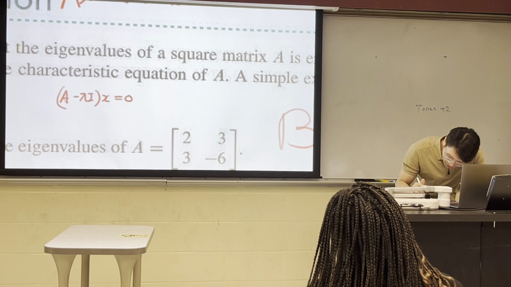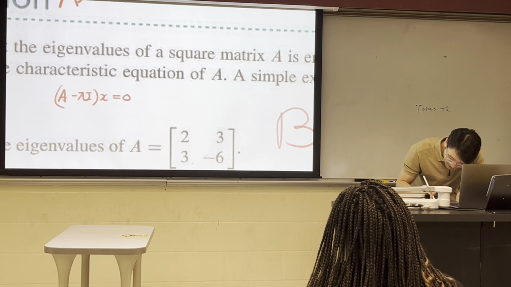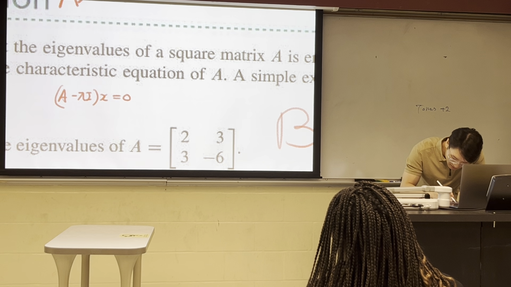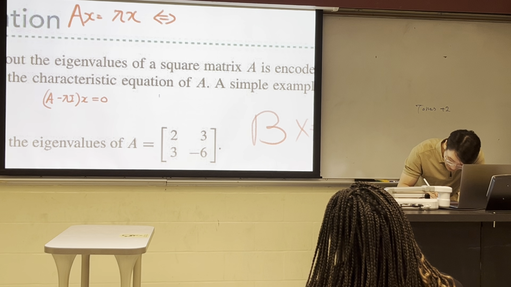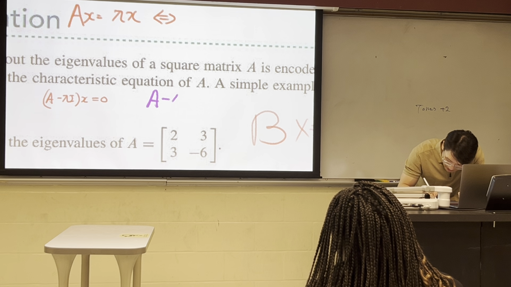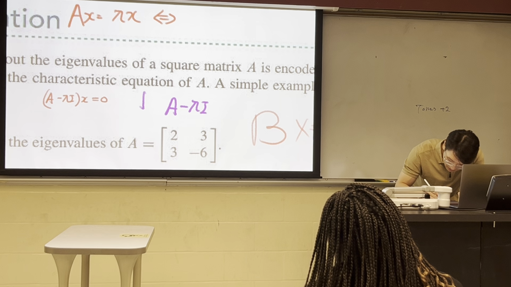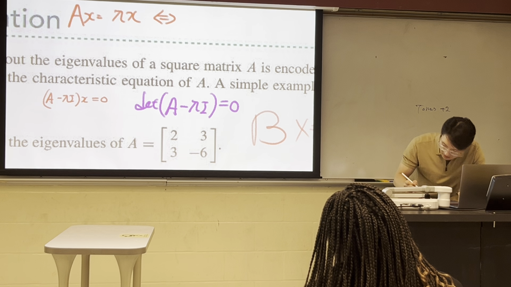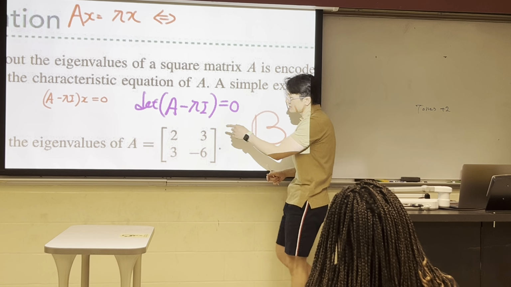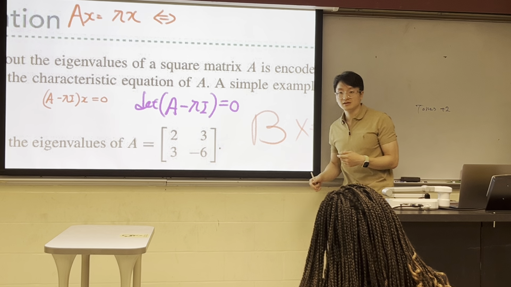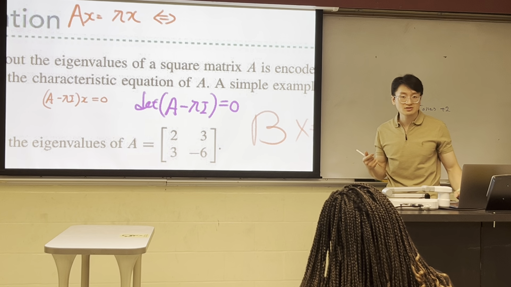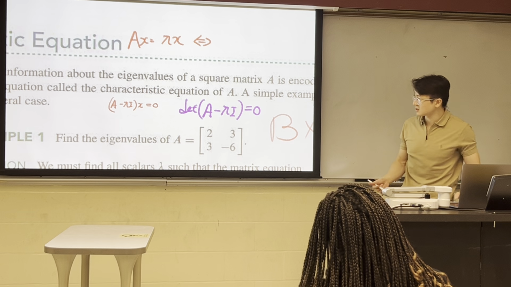I want to compute the determinant of A minus lambda I, which should be 0, and find the lambda that makes this true. Do you guys understand the logic? I'll try that, guys.